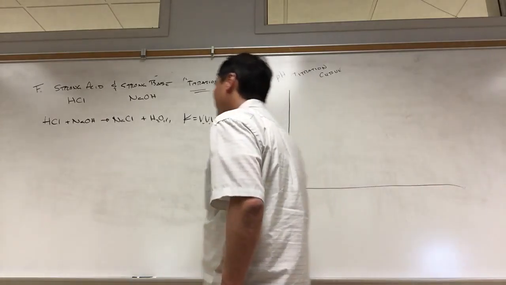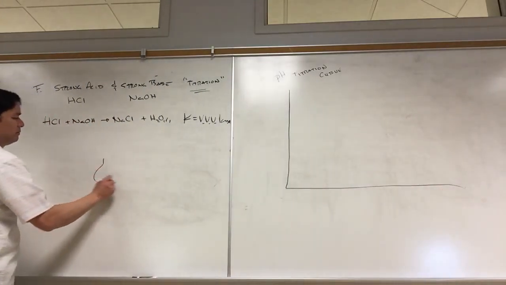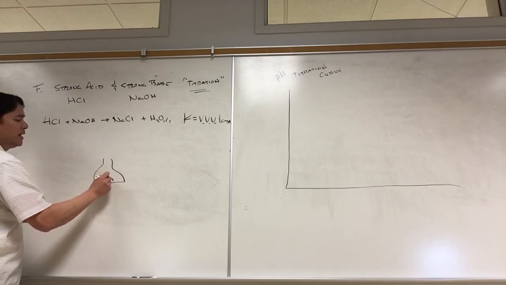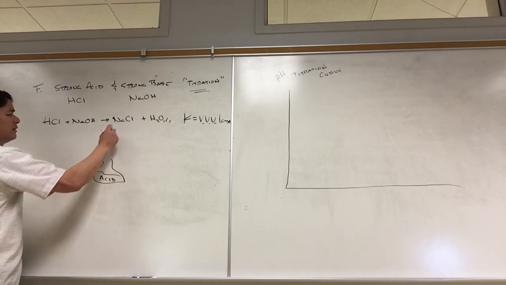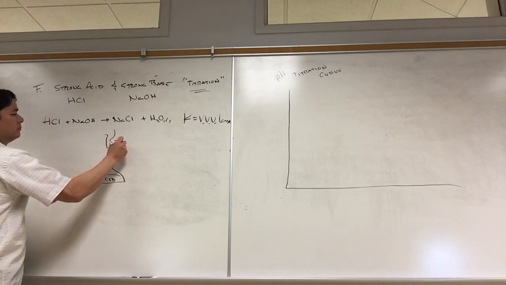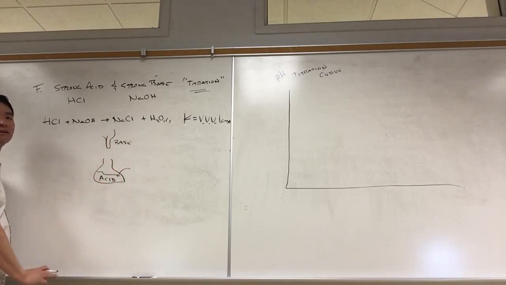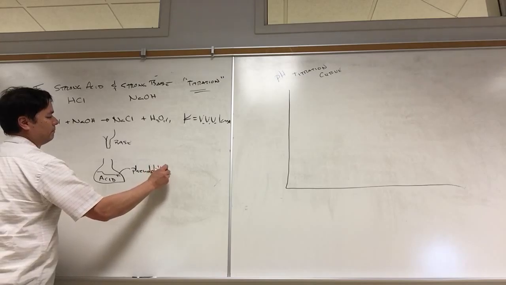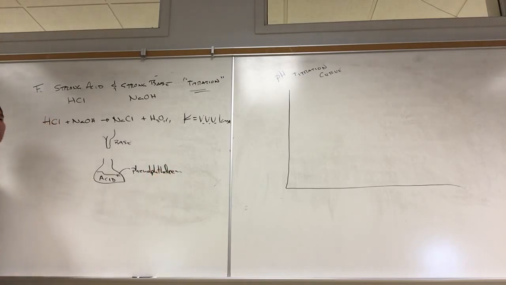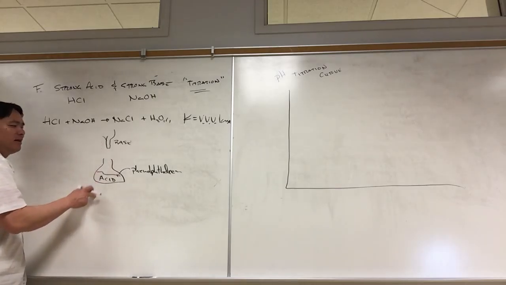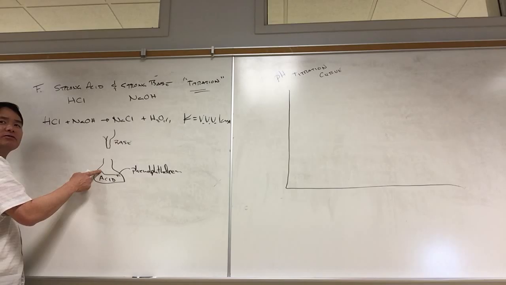In a normal titration, what you do is you put the acid in the flask and then you titrate it with base in the burette. And you put an indicator in here, like phenolphthalein. But in Chem 1B, we're going to put something else in there. Do you know what else we're going to put in there? A pH probe. Is it easy to put a pH probe into an Erlenmeyer flask?